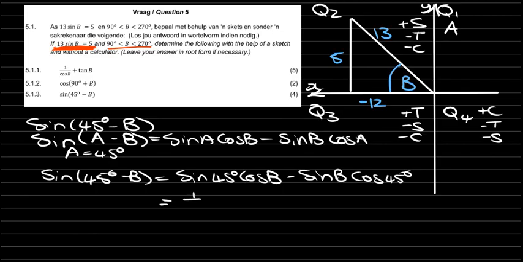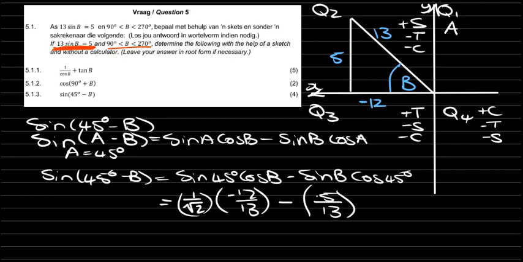So sine 45 is 1 over square root of 2 times cos of B, which is minus 12 over 13, and then minus sine of B, which is 5 over 13, also multiplied by 1 over root 2.